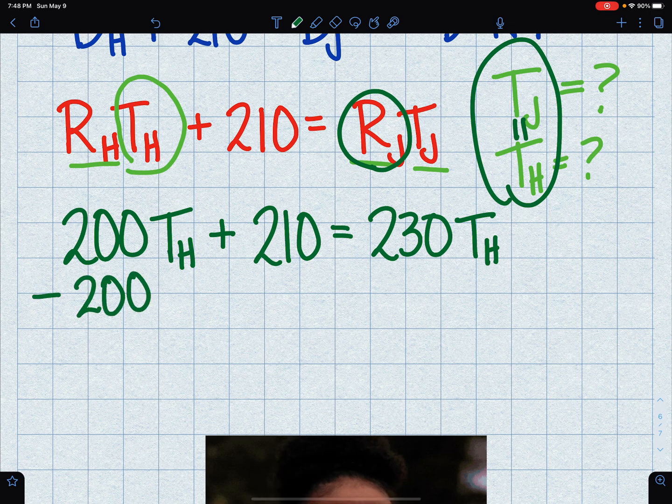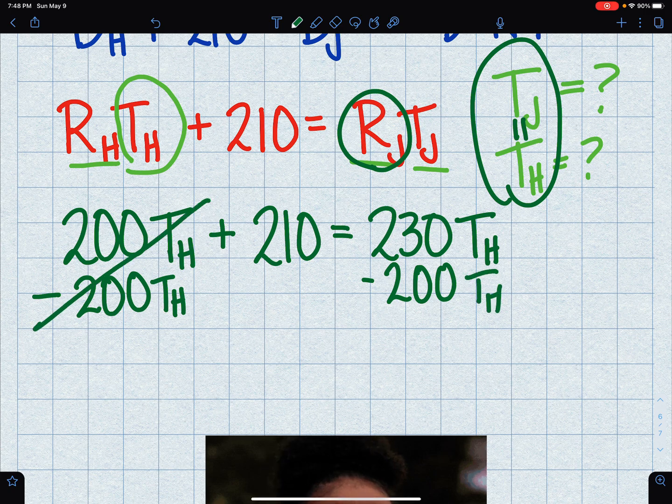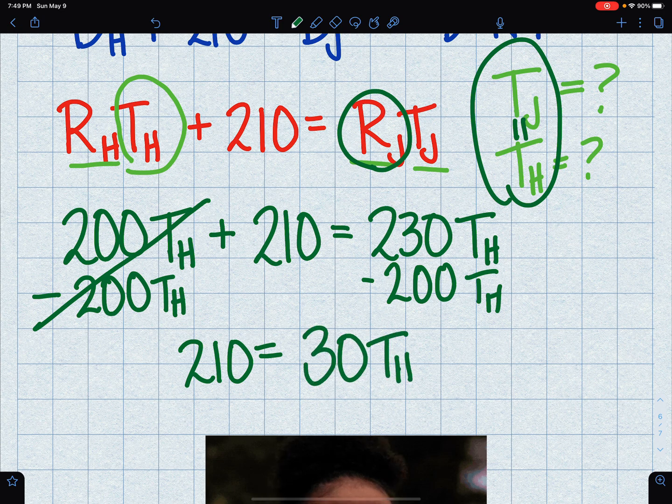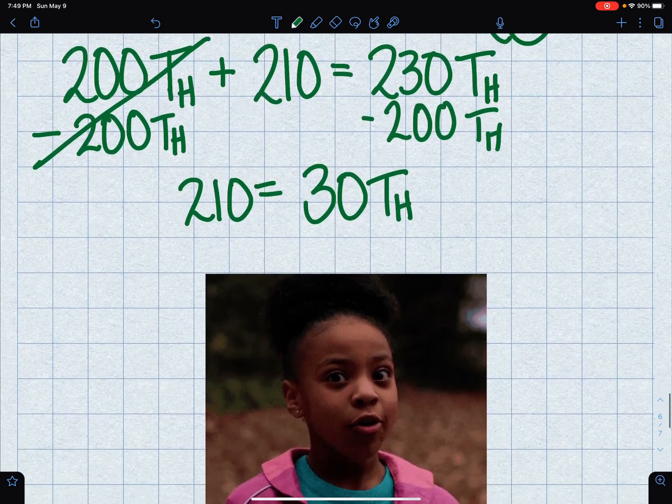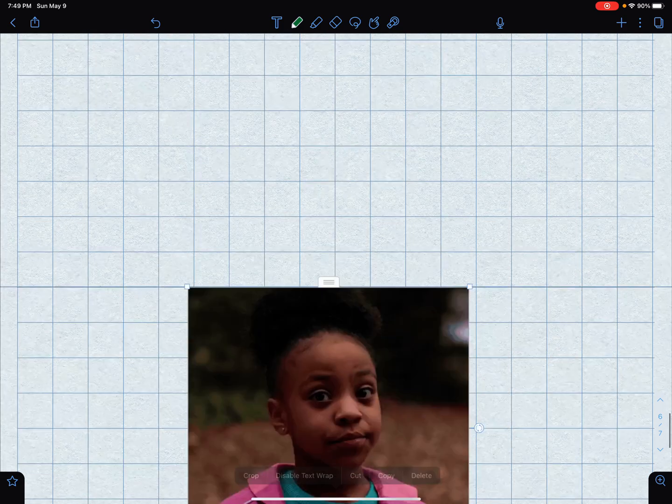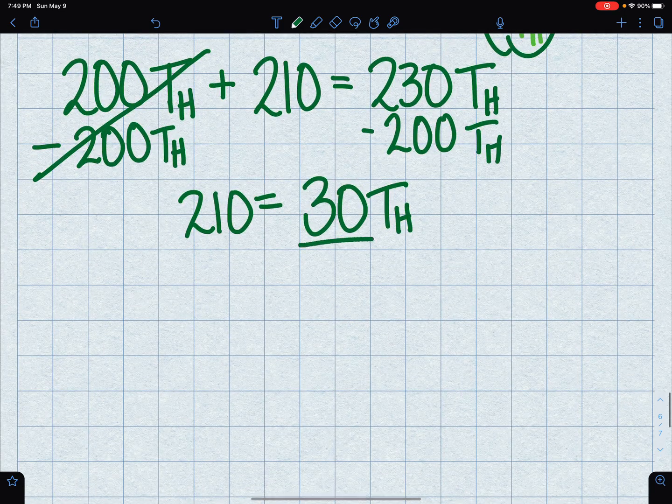Minus 200 TH from both sides, and that goes to nothing, and I have 210 is equal to 230 minus 200, which is just 30 TH. Then let's divide by 30. That cancels.